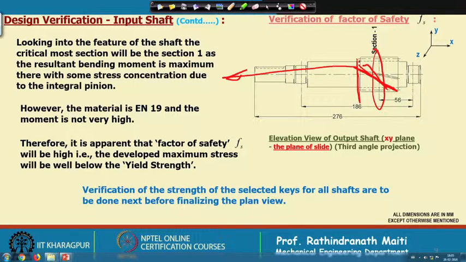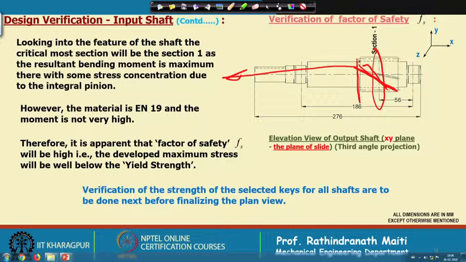So, therefore, without calculating we can say that this shaft design is highly satisfactory, and as already discussed, keeping the dimensions up to the step of bearing same for the shaft, keeping the span length also same as in the shaft, we can simply reduce the 2 diameters of the bearing seat.